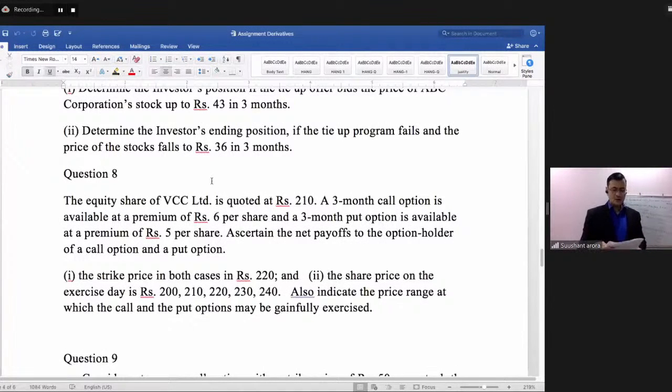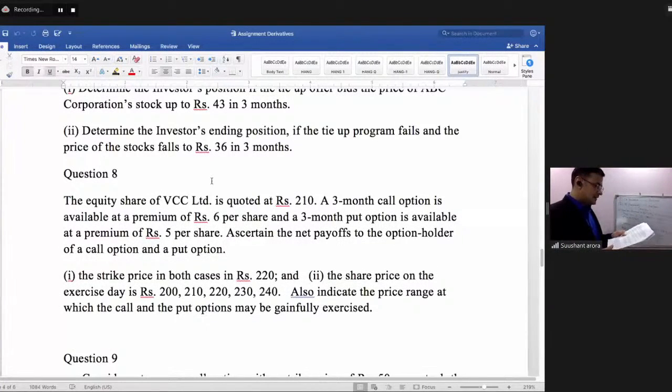So equity shares of VCC Limited are quoted at 230. A 3-month call option is available at a premium of 6 rupees, and a put option is available at a premium of 5 rupees. Okay, so let me put this data. Call option purchased, put option purchased.